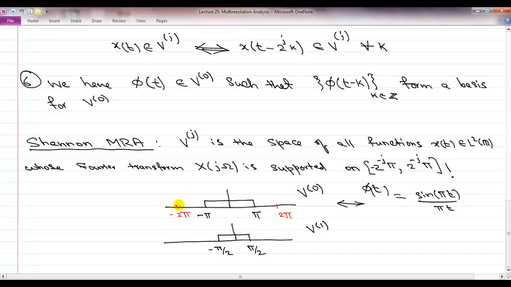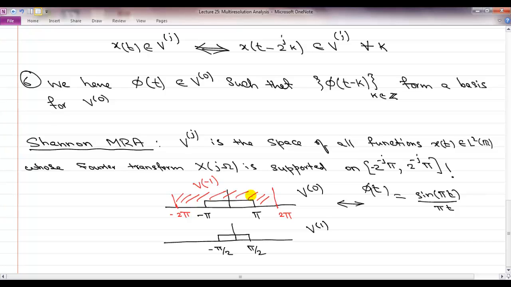So it will be all possible band-limited signals. I am drawing it as flat, which effectively means that they are all supported on this region. Right? And V minus 1 contains V0, and V0 contains V1. You can see that as j goes to minus infinity, you are looking at band-limited signals whose band extends from minus infinity to infinity, and that's the space of all possible functions.